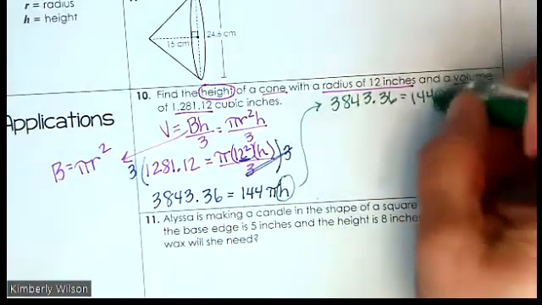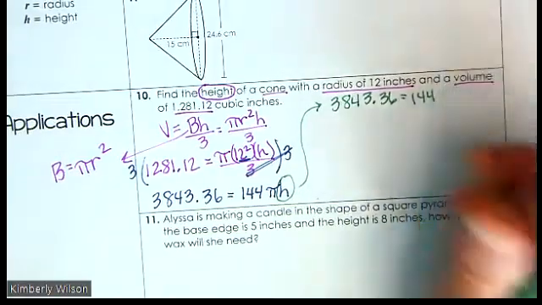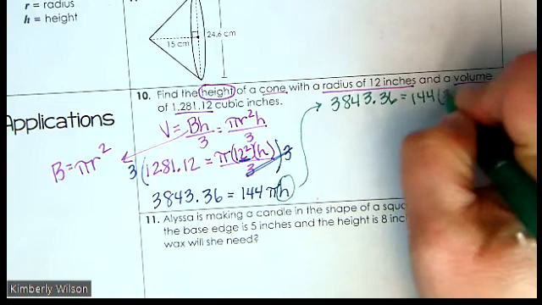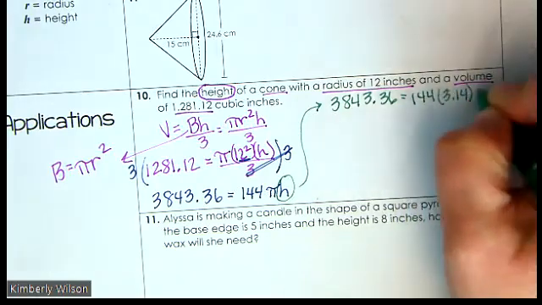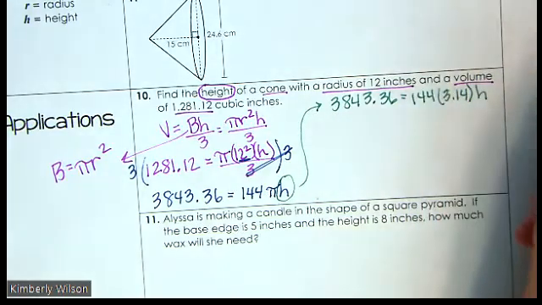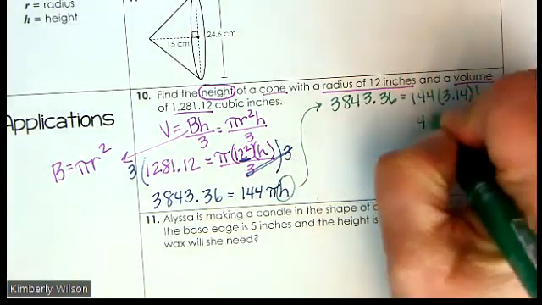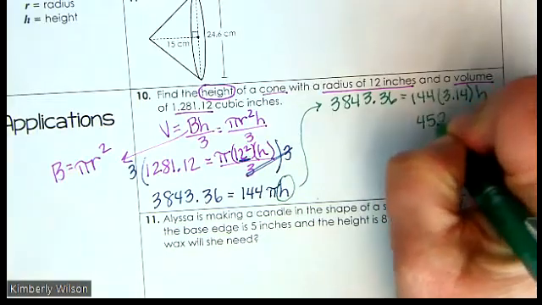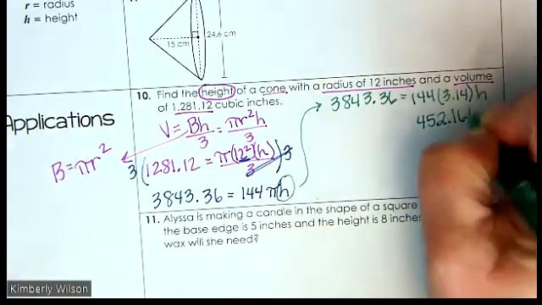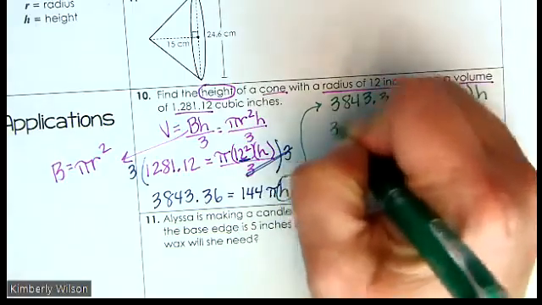And actually at this point, I'm going to go ahead and plug in the 3.14 because I'm solving for h. Okay, so I can do 144 times 3.14, enter, which gives me 452.16 h equals 3843.36.